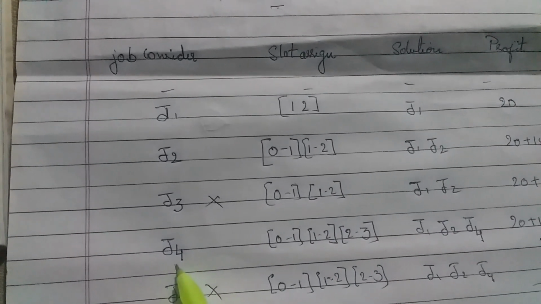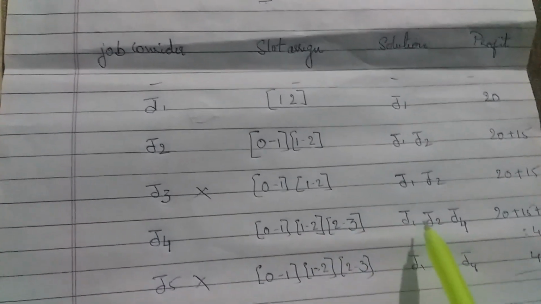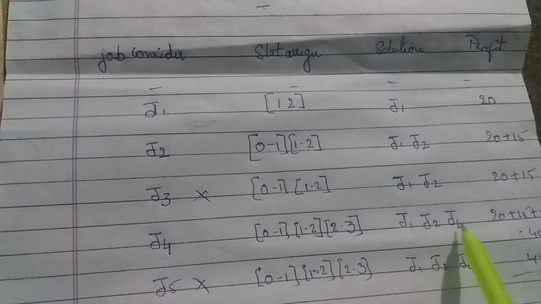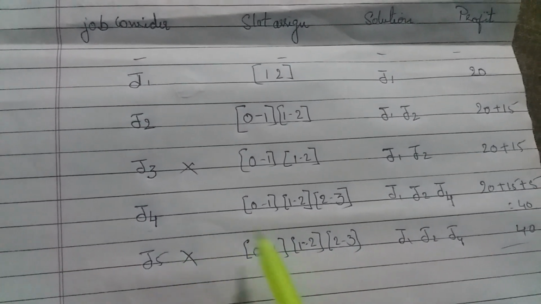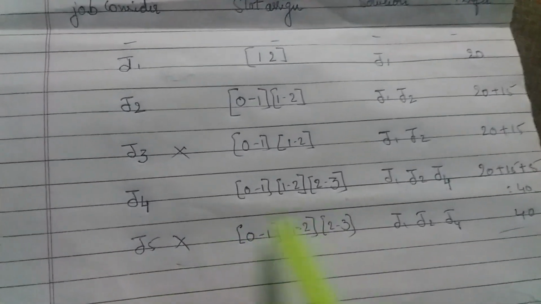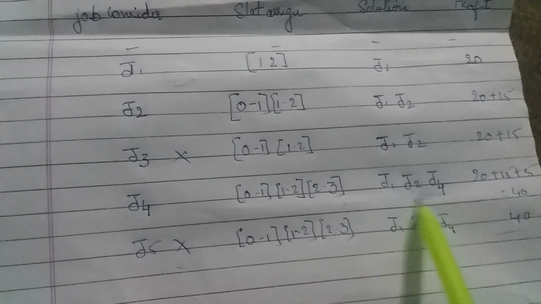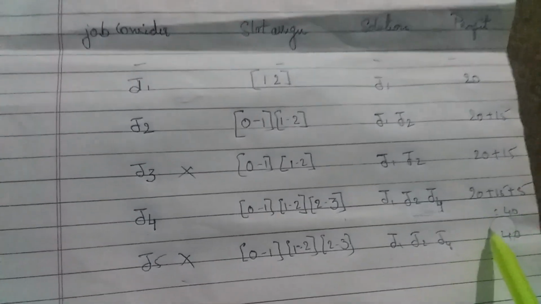Next J4 is chosen, and J4 is allotted the time slot of 2 to 3, and the job sequence is J1, J2, and J4. The profit earned is 40. And as all the 3 slots are allotted, J5 cannot be chosen, and it is not in the solution list. You can see here only J1, J2 and J4 are in the list, and the profit earned is 40.